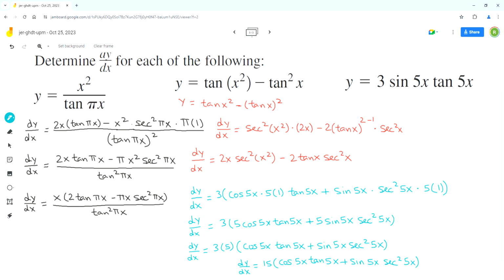So this should be the final answer for the derivative of the third y equation. So these are the steps you have to keep in mind to solve a problem like this one.